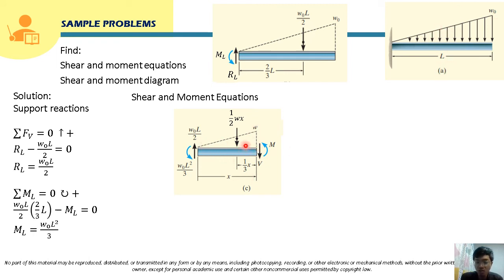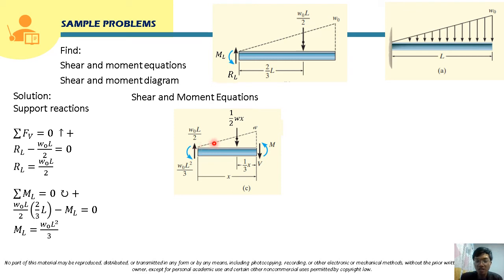So we will just name this intensity W. Also, class, we will include here the reactions that we solved: the vertical reaction here is W sub O times L over 2, and the moment reaction here is W sub O L squared over 3.